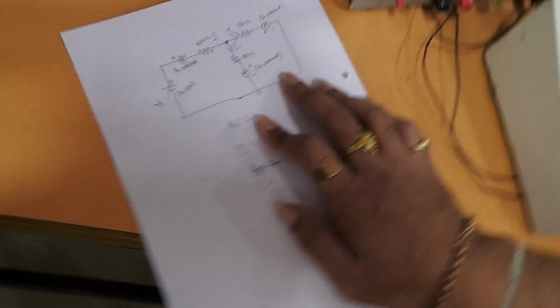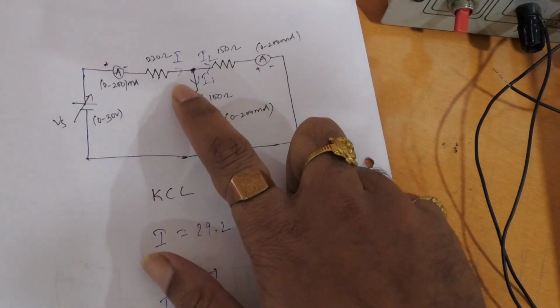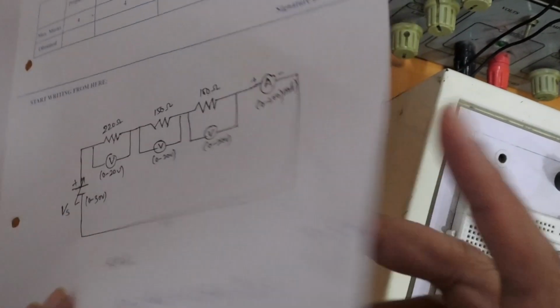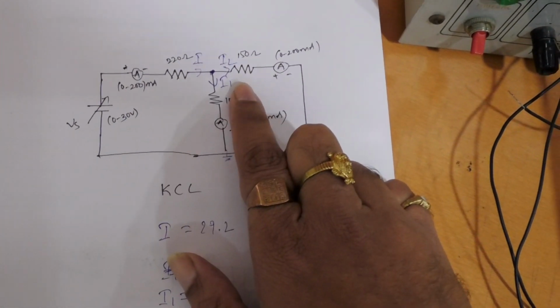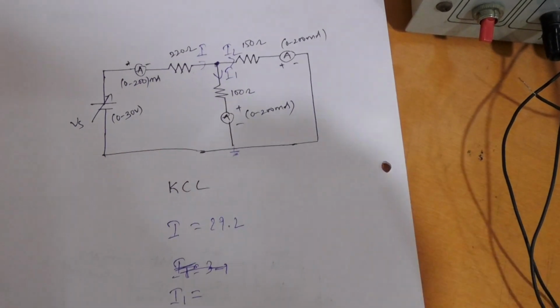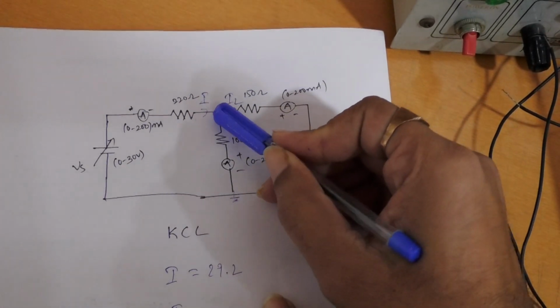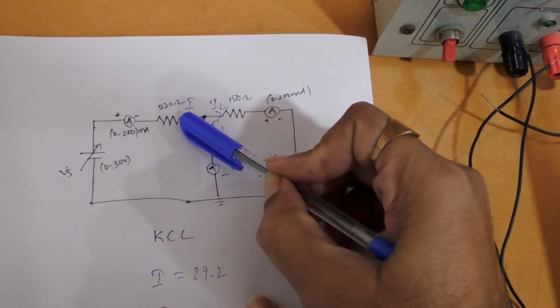See, first this is the circuit. I have taken the same resistors which I took for the KVL: the 220 ohm resistor, 150 ohm resistor and 100 ohm resistor. Now if you observe here, this is the node. This is the total current which is passing through the 220 ohm.